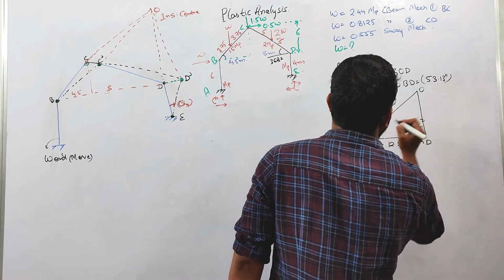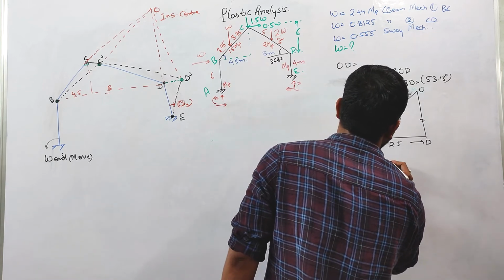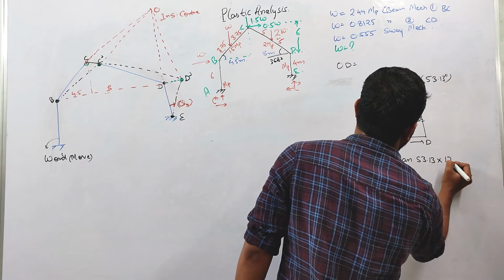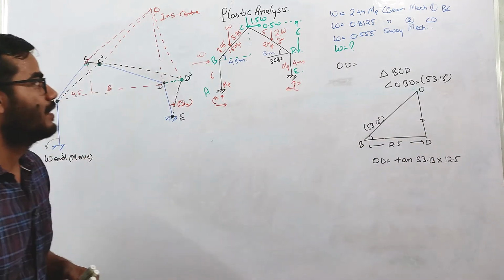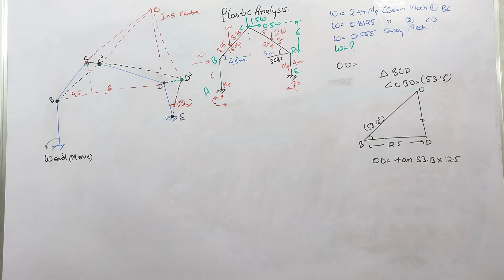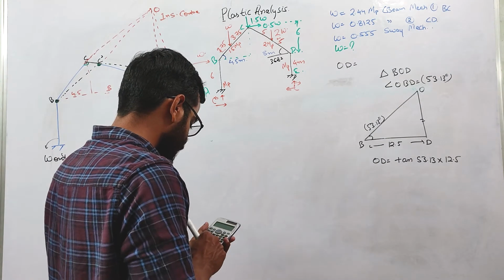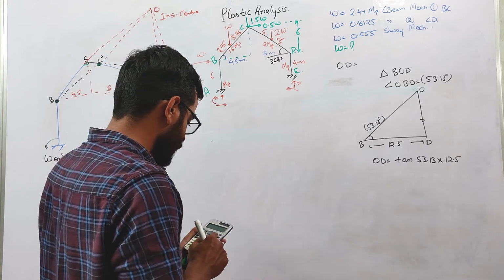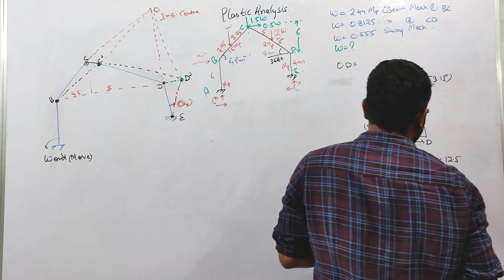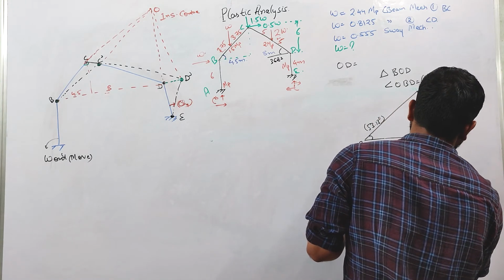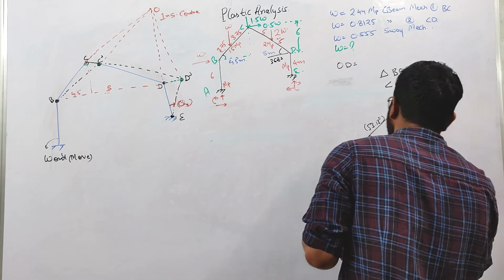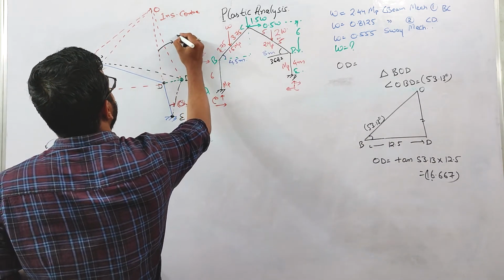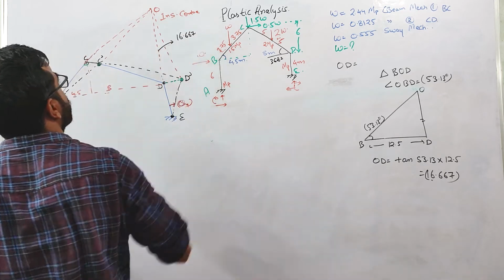So what will be this distance? OD will be equal to tan 53.13 into 12.5. This value comes out to be 16.667. So this distance OD is equal to 16.667.